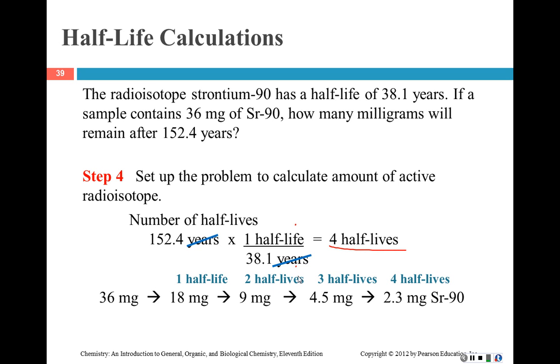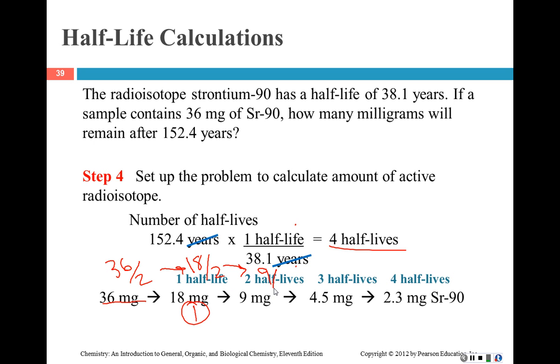Now, in order to figure out how many milligrams you have, you take half of 36 the first time, which gives you 18. Then you take half of 18. So we had 36 divided by 2, then 18 divided by 2 gives you 9.